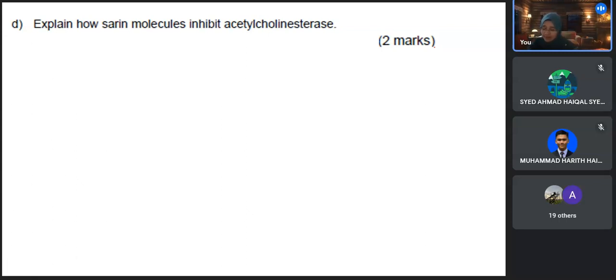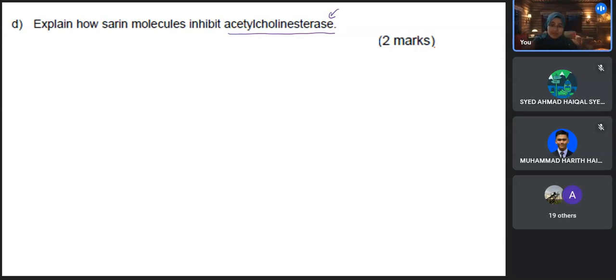Okay, so next question, it says: explain how serine molecule inhibits acetylcholinesterase. Acetylcholinesterase is an enzyme found in between neurons at the synapse. The function of this enzyme is to break down the neurotransmitter acetylcholine. You have one neuron and then another neuron that transmits impulse.